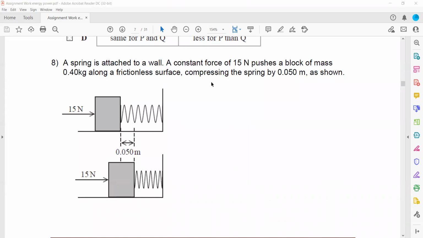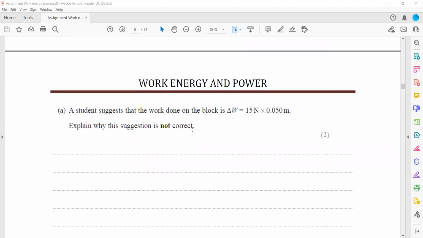Then a spring is attached to a wall. A 15 Newton force is pushing it and it moves a distance. So always remember the work done. A student suggests that the work done on the block is 15 into 0.05. Suggest why this suggestion is not correct.